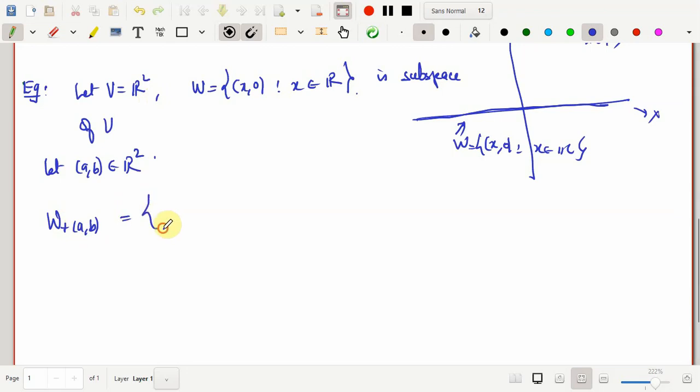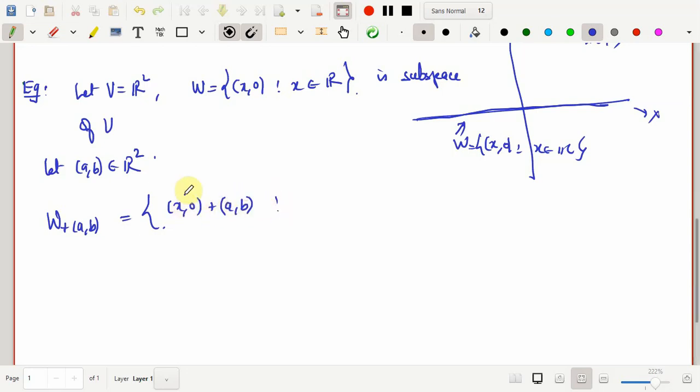So this is going to be the collection of all the points of W, but W itself is of the form (x, 0), right, plus the fixed point (a, b).